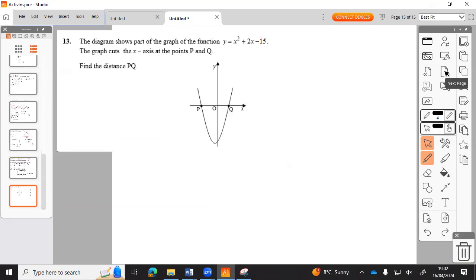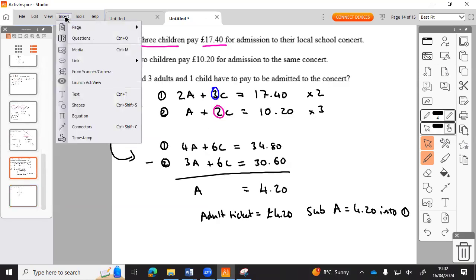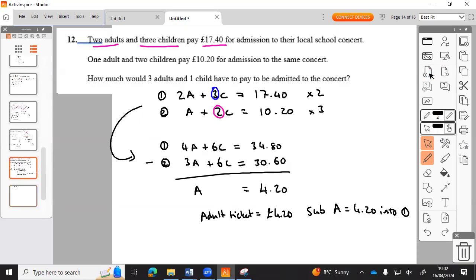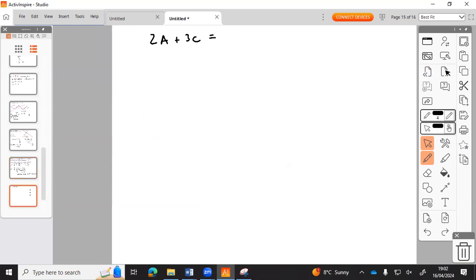So 2a plus 3c equals 1740. Right, 2 times £4.20 is £8.40.